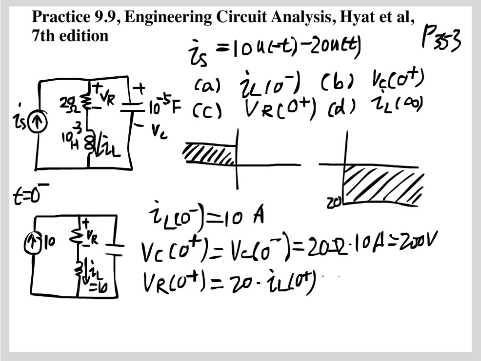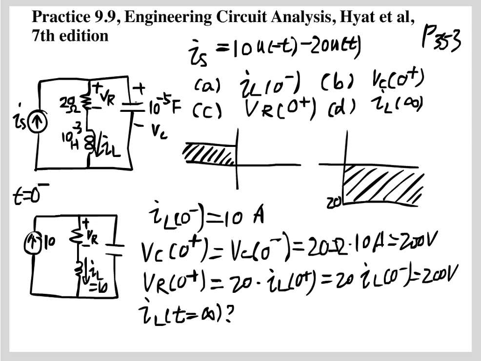Alright. VR at 0 plus is equal to 20 ohm times IL at 0 plus. And because we know IL at 0 plus is the same as IL at t equals 0 minus, this happens to be equal to 200 volt as well.